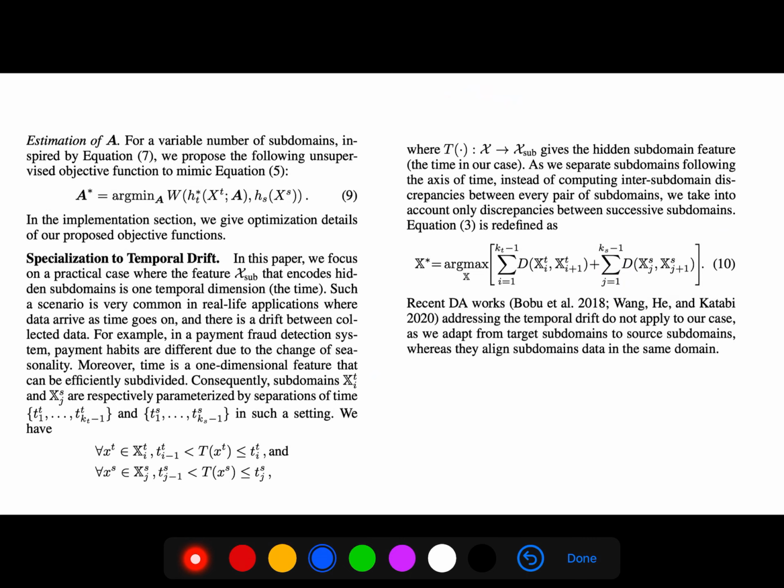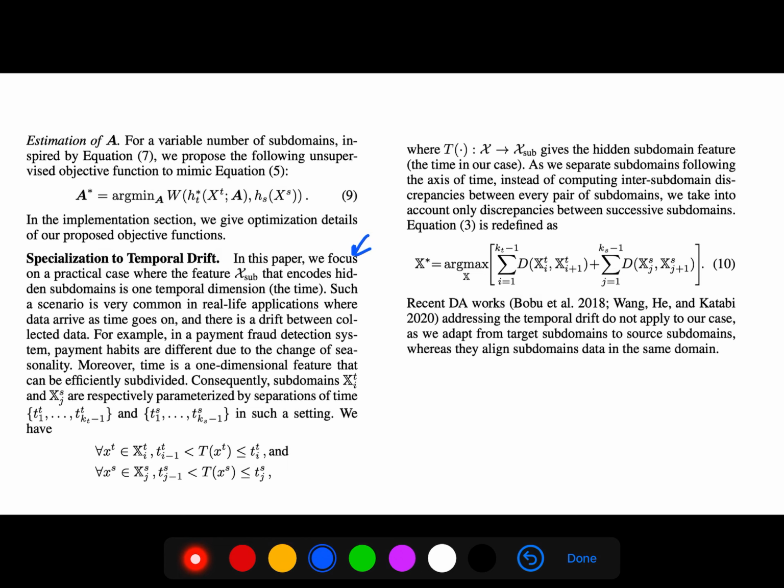But what if we have a temporal drift? In this paper, we focus on the practical case where the feature that encodes hidden subdomains is one temporal dimension, for example, time. Such a scenario is very common in real-life applications where data arrives as time goes on, like online learning.